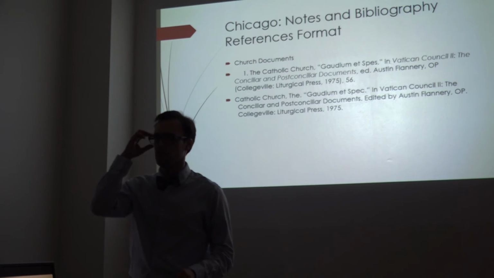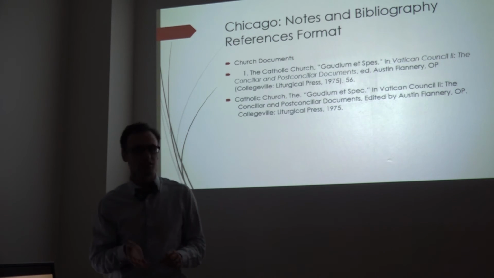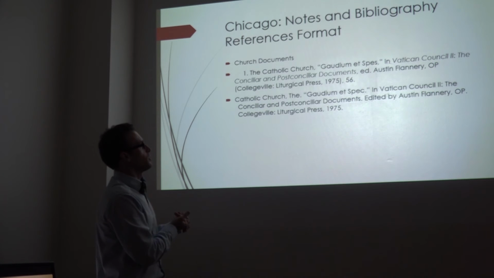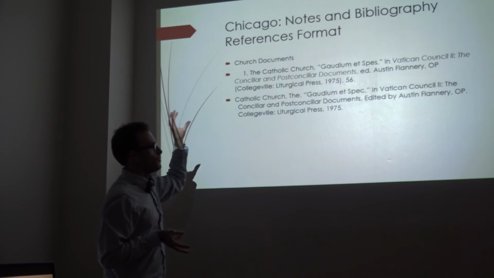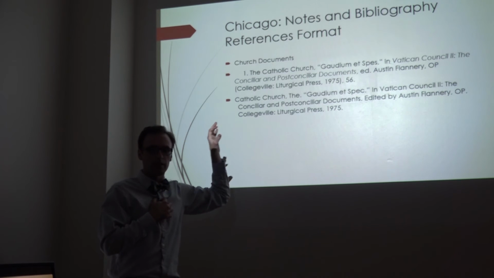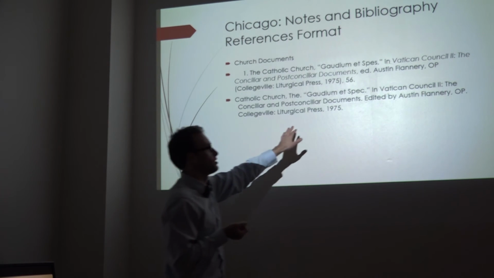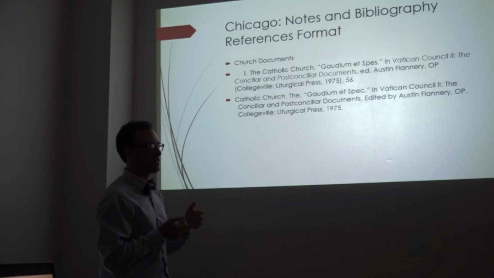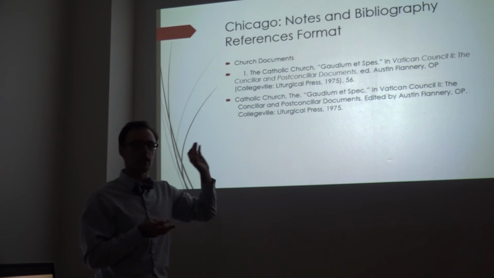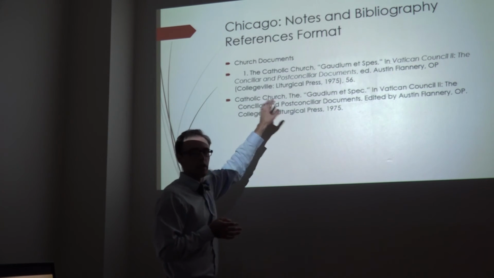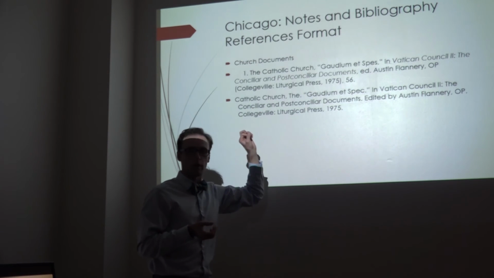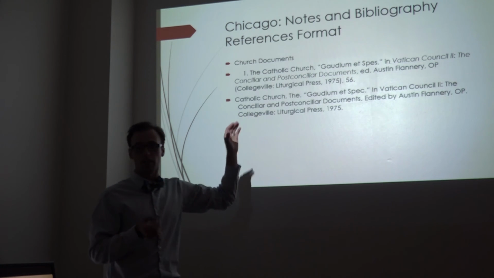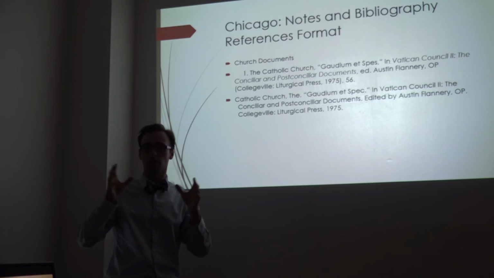Okay, church documents. I want to make sure I cover this because I had a problem one time with church documents in one dissertation. You have a choice here. You can cite the work as a whole, using the example of the Vatican Council II, with the editor, or you can cite each individual church document from Vatican II. What I would recommend for the sake of clarity is to cite each individual document, since Vatican II has lots of different documents within it.